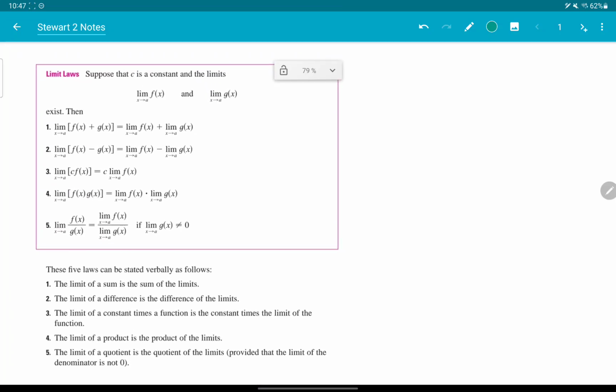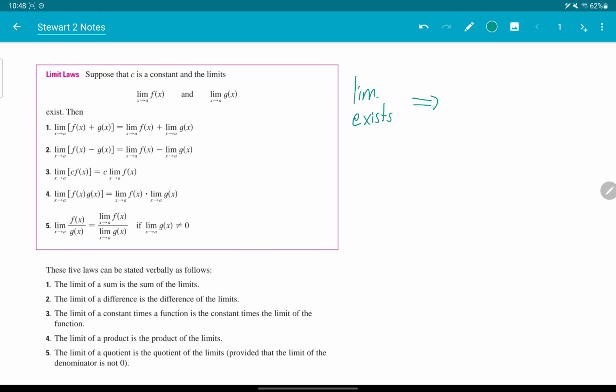Okay, so limit laws. So kind of rules we're allowed to apply to make our life easier when calculating limits. A lot of these things are intuitive. Now, when we say that the limit exists, maybe I can translate that.